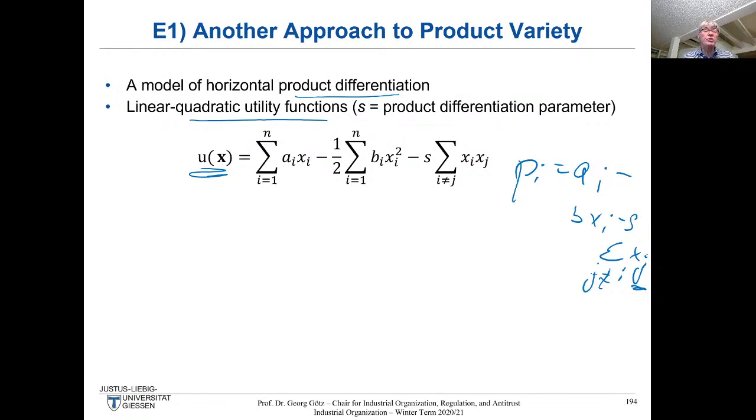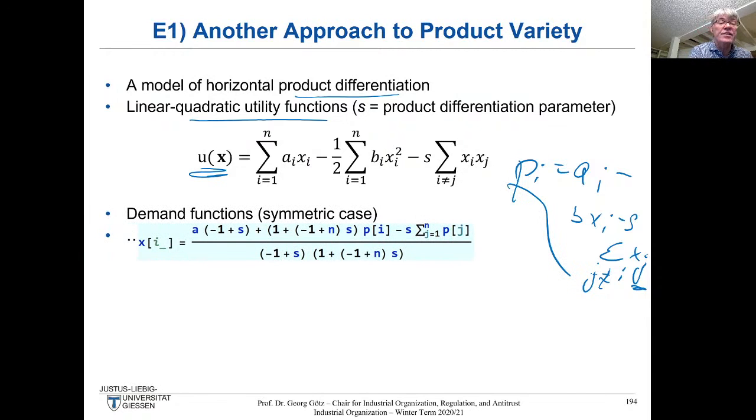So this is a rather straightforward and simple linear quadratic utility function, which I use in all my courses. And the interesting thing is, of course, this gives rise to this very straightforward inverse demand function.